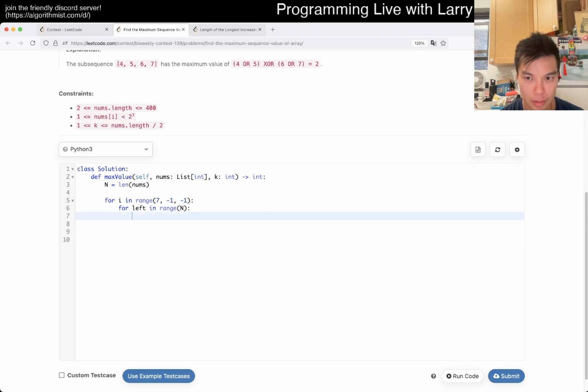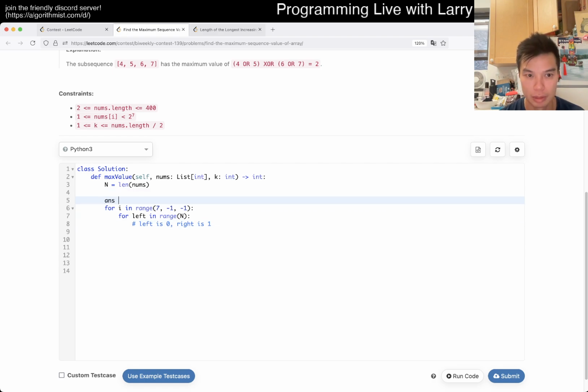Okay, right. So that means left is left and right is right. Okay, so then now we want to see if this is possible, right?